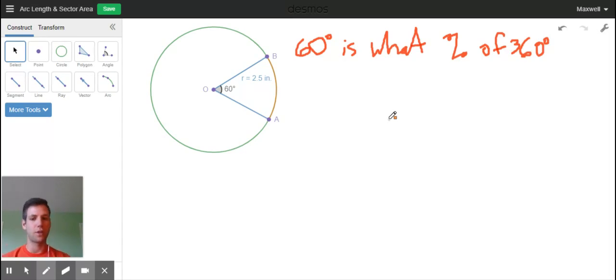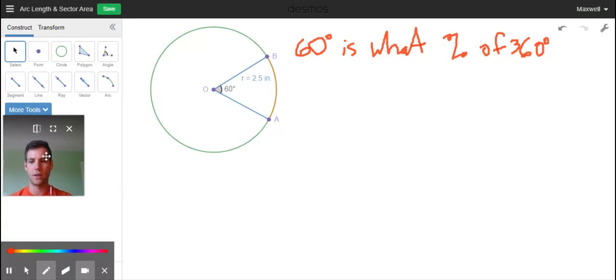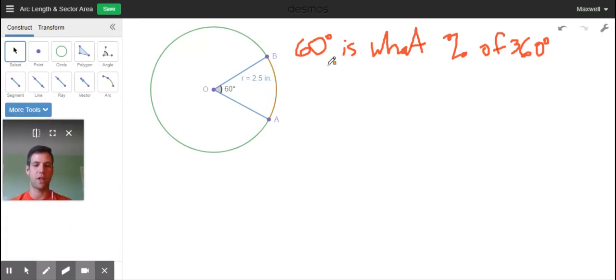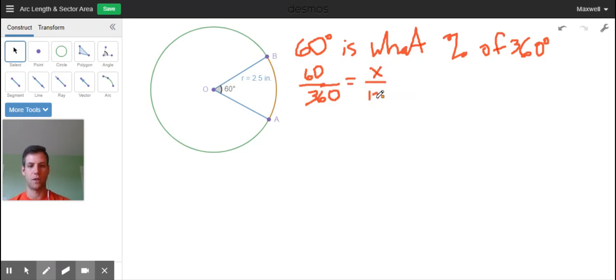Depending on your level of comfort with this sort of problem, it could be easy or hard. The main idea is that if we're trying to find what percent of 360 is 60, we can make a little proportion. So I would do 60 degrees over 360 degrees is equal to x% over 100.